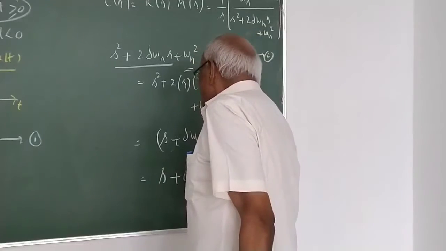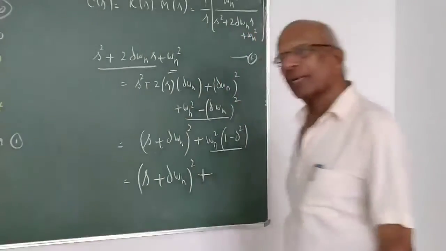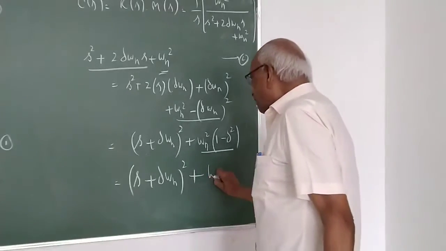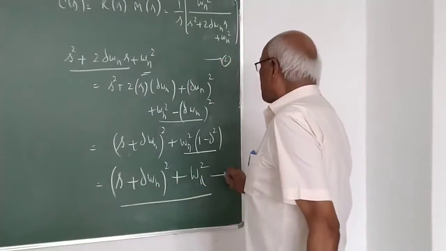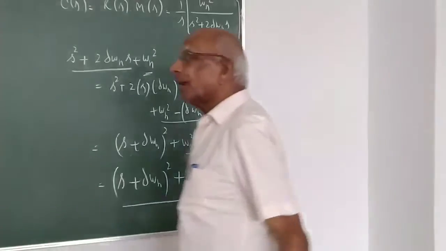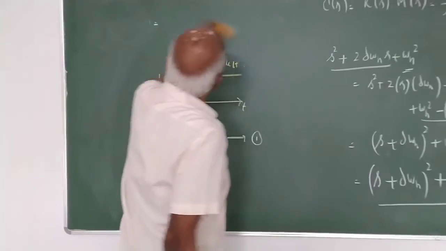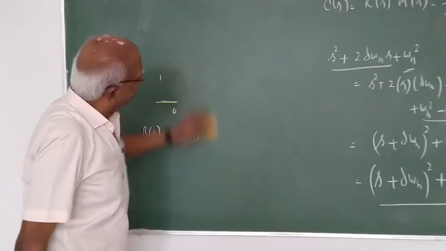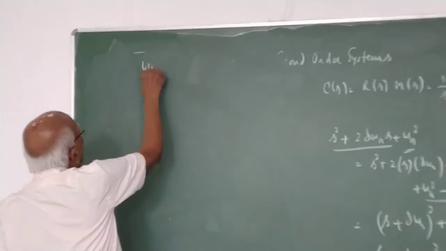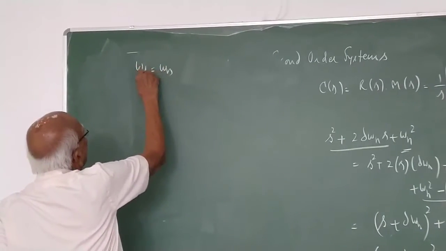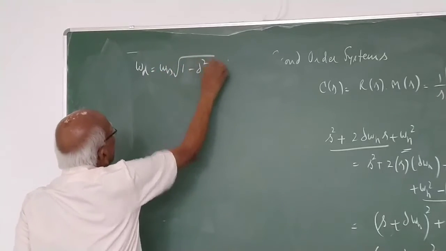So with s plus delta omega n whole square, we represent this by another notation called omega d squared. Call this three. So what is that omega d, please? Obviously omega d is omega n into root of 1 minus delta squared.